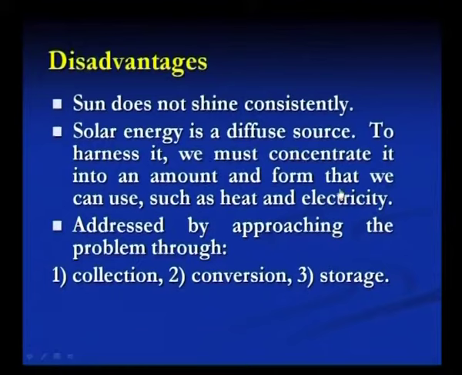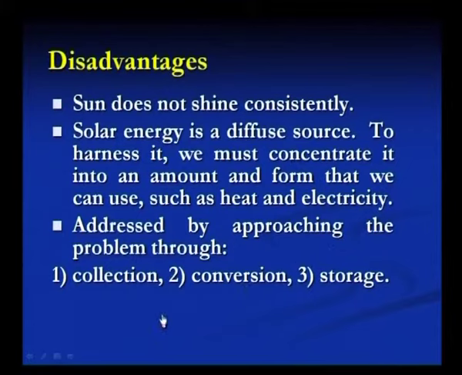To harness such a diffused source of solar energy, we must concentrate the energy into an amount and form that we can use easily, such as heat or electrical energy or electricity. This utility is addressed by approaching the problem through three important stages.